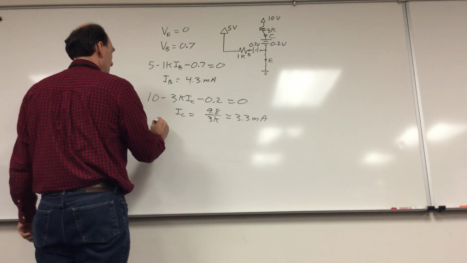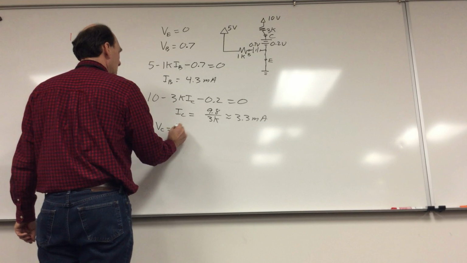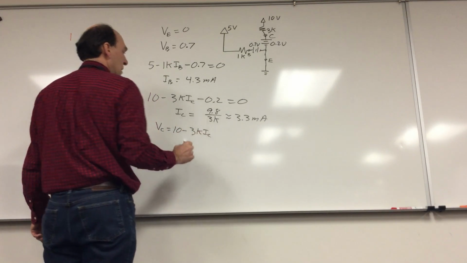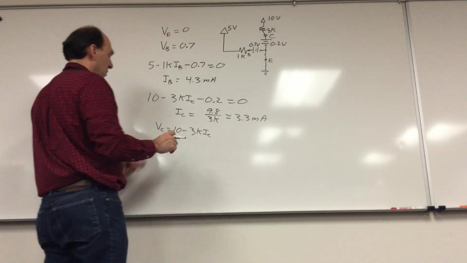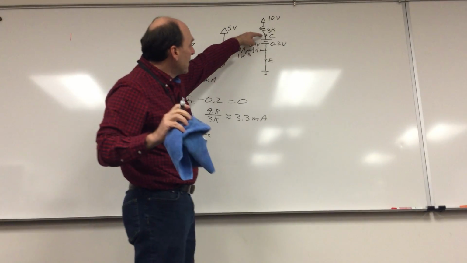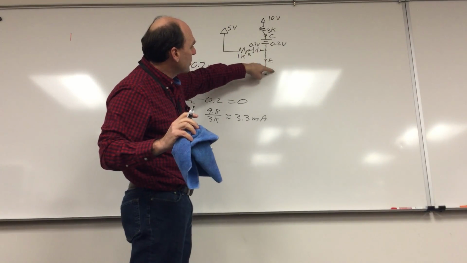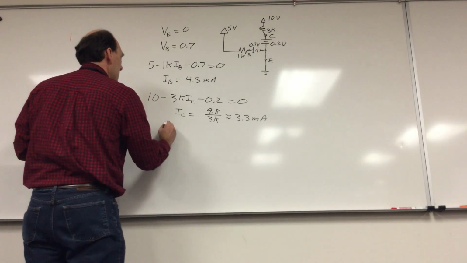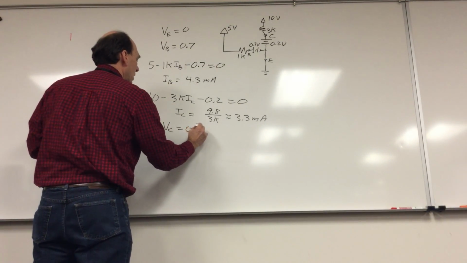VC is 10 minus 3K IC. Oh, actually I don't even need to do that. I can tell by inspection VC is 0.2 volts higher than ground, so VC is equal to 0.2 volts.